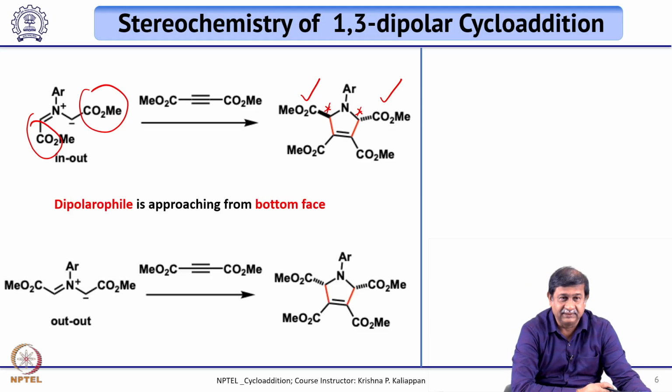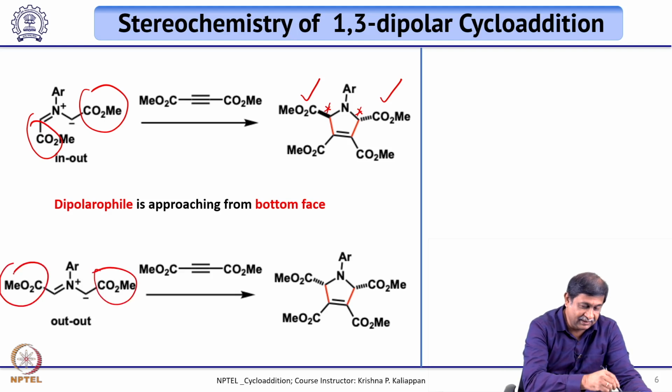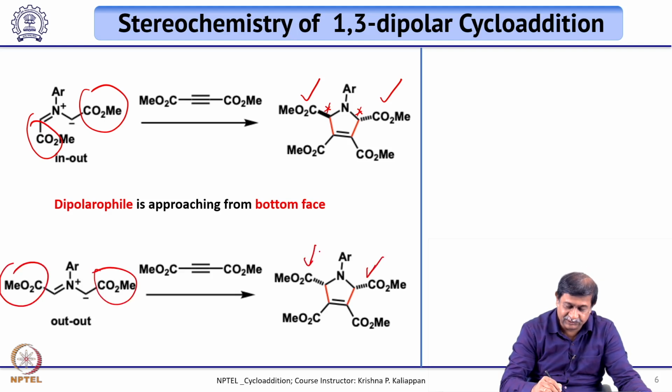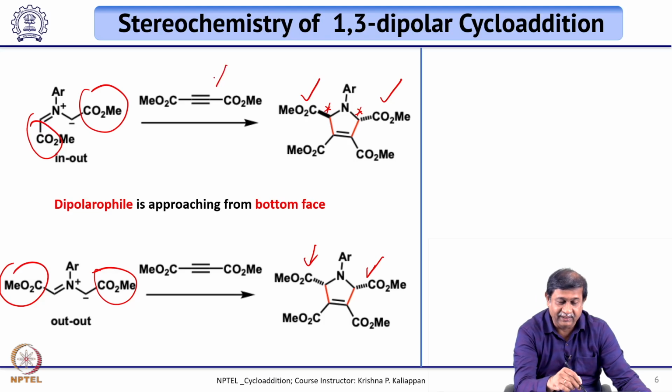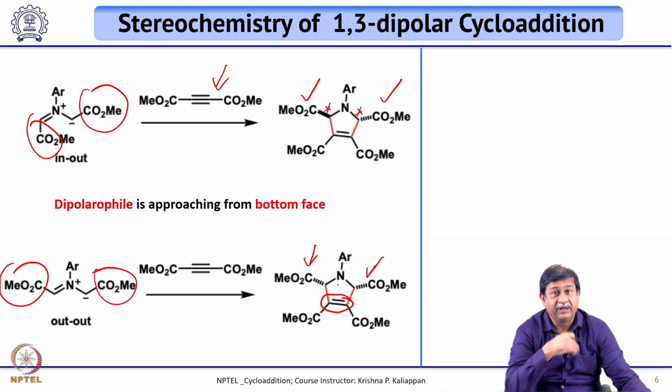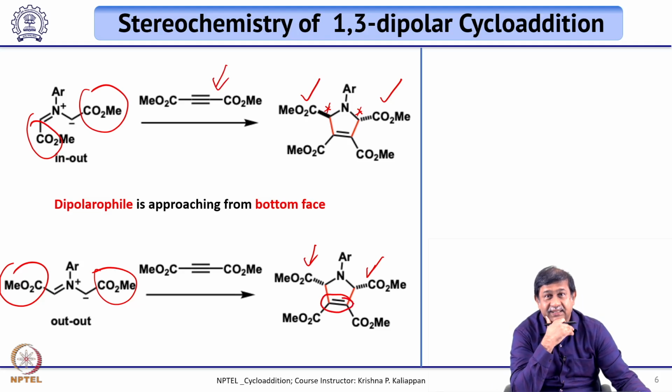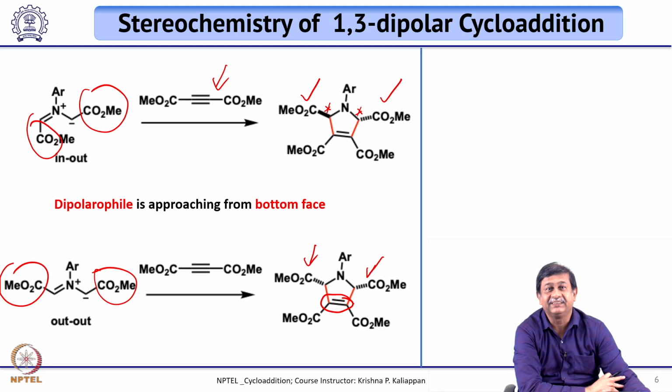Likewise, if you take the W-shaped ylide, these two esters will become cis to each other. So first how the dipole is generated, second what type of dipolarophile you use, these two matter in the stereochemistry. Here the dipolarophile is a triple bond, so you do not worry about the stereochemistry here, but if the dipolarophile has only a double bond, then a third stereocenter will also be generated.